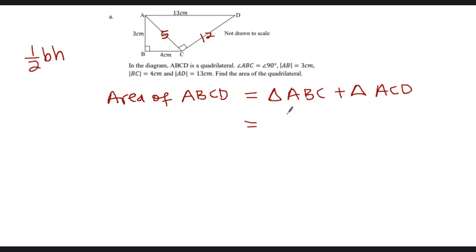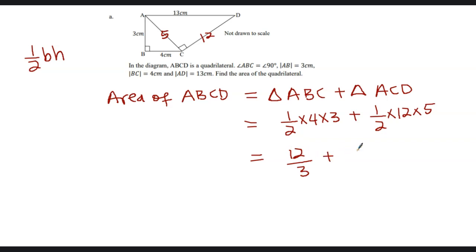Looking here, for the first triangle, our base is 4 and our height is 3, plus half the base of the second, which is 12, times the height 5. 4 times 3 gives us 12, divided by 2, plus 12 times 5 gives us 60, divided by 2. We got 6 plus 30, which is equal to 36. So we got 36, and the unit is squared, so centimeter squared.